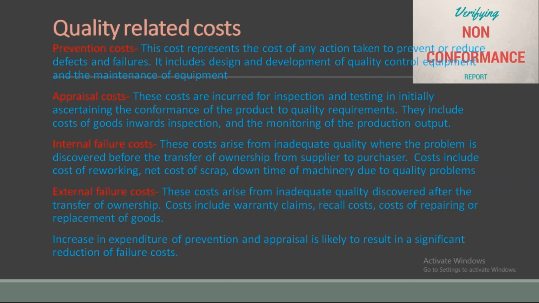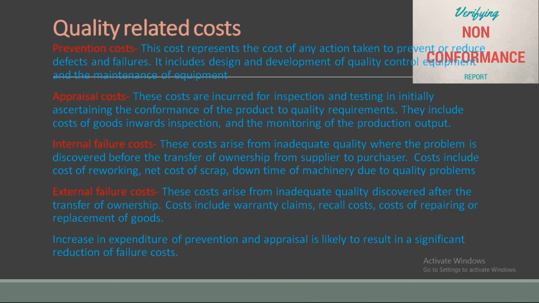So you can see, if you spend little on prevention, you might spend more on appraisal. If you spend fairly well on prevention and appraisal, you might not spend too much on internal failure. But if you don't spend enough on prevention and appraisal, you might spend a lot on internal failure. If you fail on internal failure also, finally you will spend on external failure.